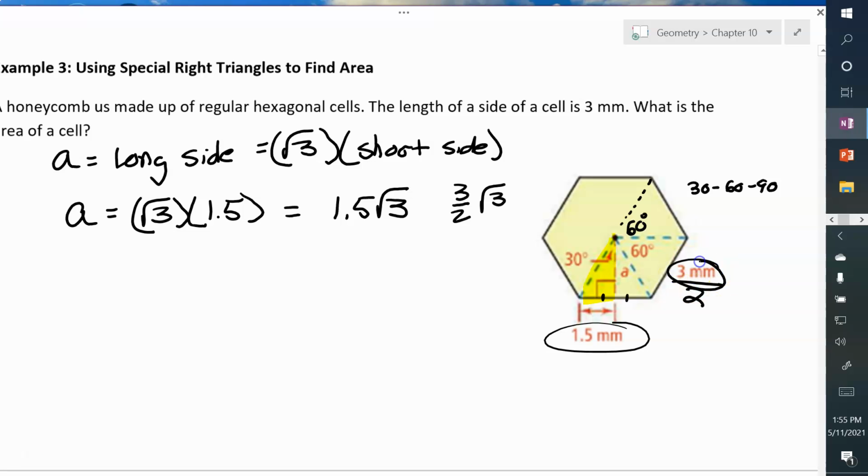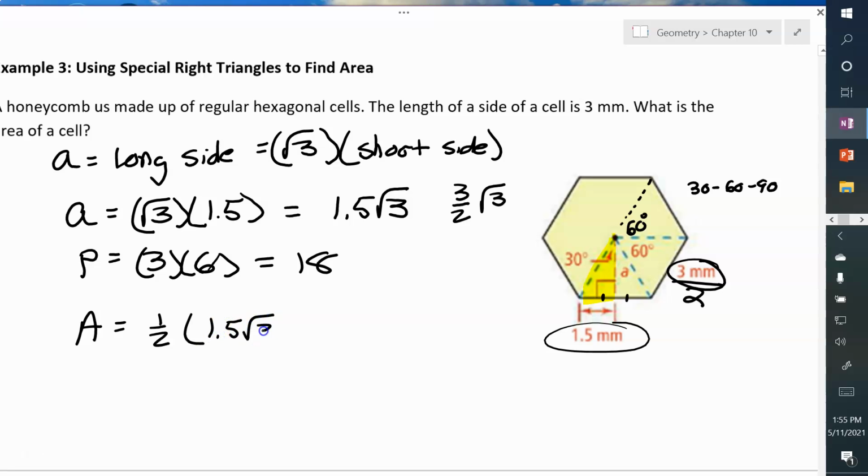Well, I know one side is 3 millimeters, and I have 6 sides. So 3 millimeter sides times 6 of them, I get 18. So now the area of this shape is going to be 1/2 the apothem, which is 1.5 root 3, times the perimeter, which is 18.